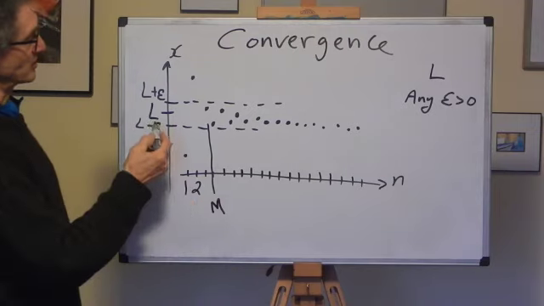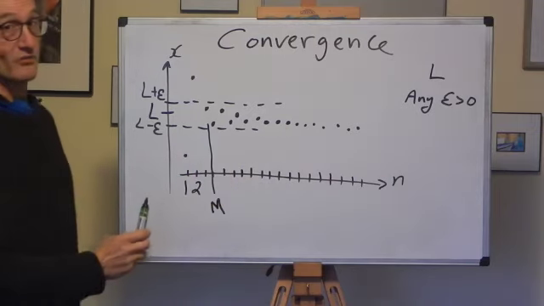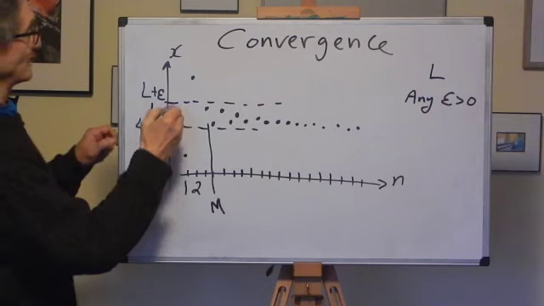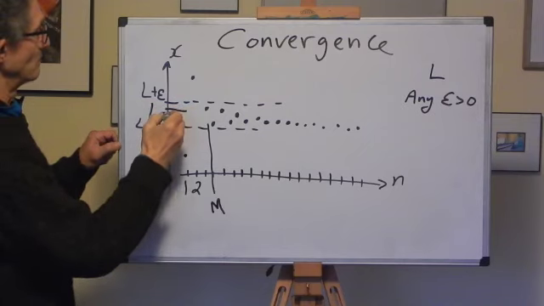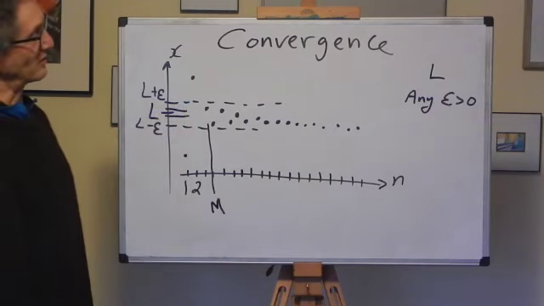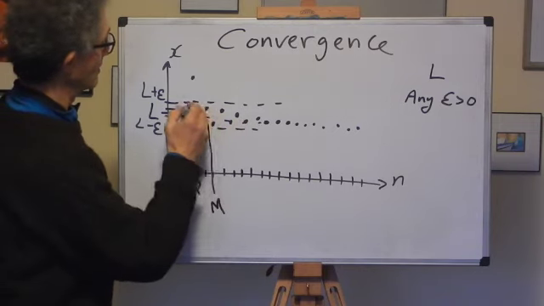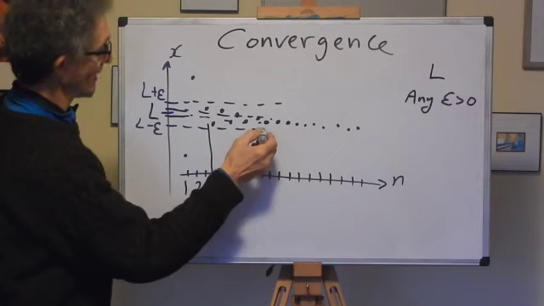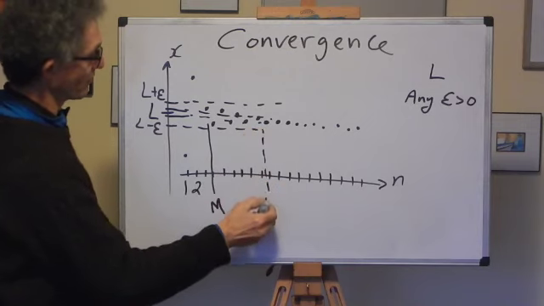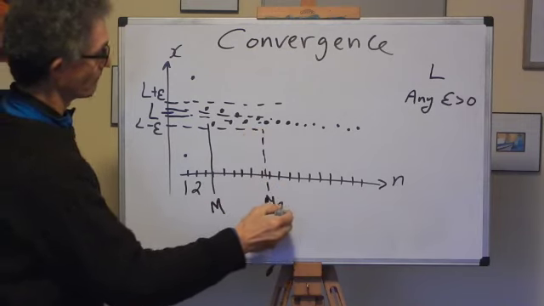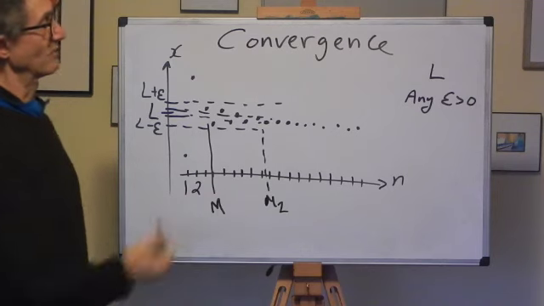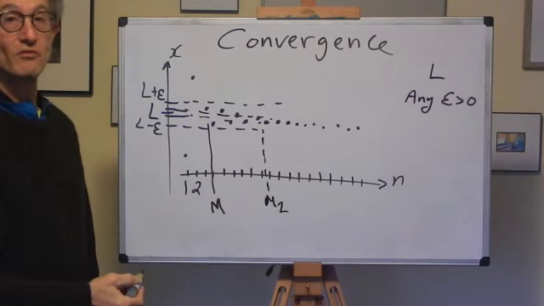Now, of course, any tolerance can be taken. So if we squeeze a little tighter, we have a smaller tolerance, we might have to go further out in order to meet that tighter tolerance.